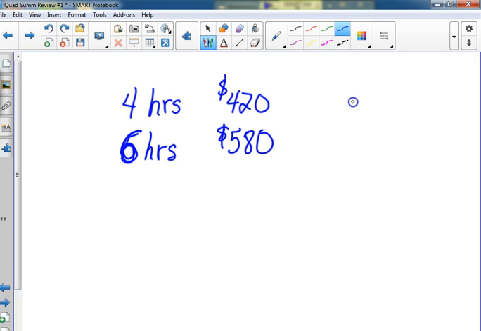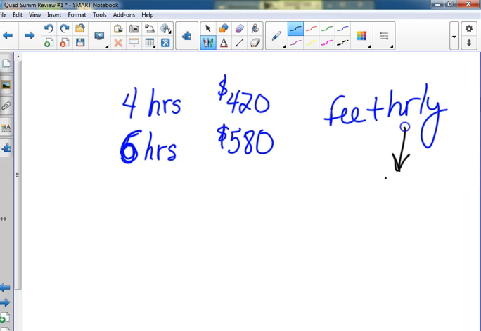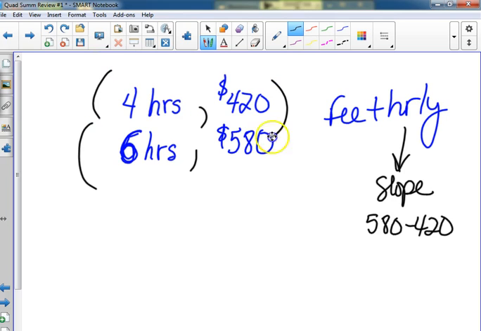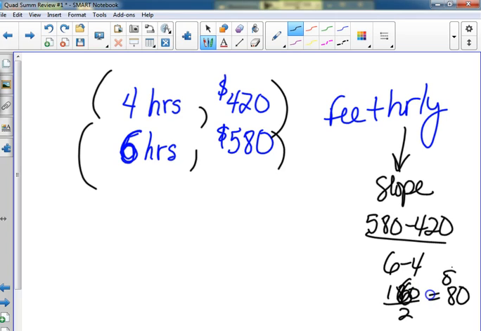And there was a flat fee plus an hourly. So how do you find the hourly? The hourly is the slope, right? So 580 minus 420, you just treat these like ordered pairs, over 6 minus 4 is 160 over 2, which is 80. So the hourly was $80 an hour.